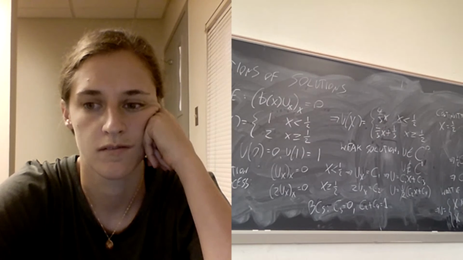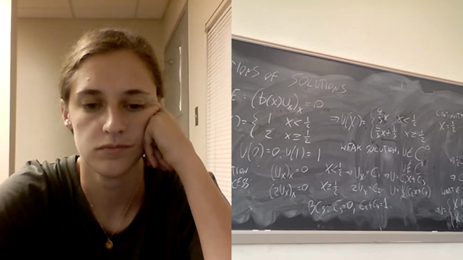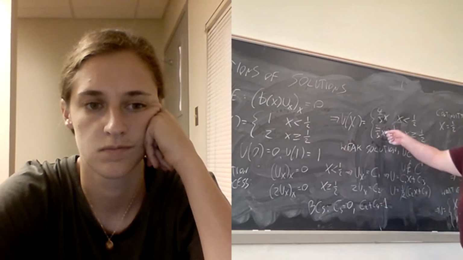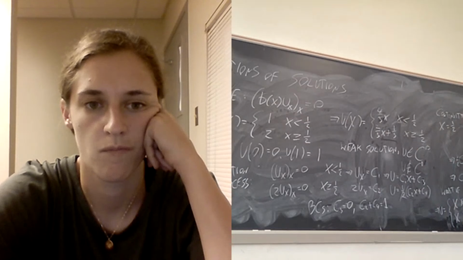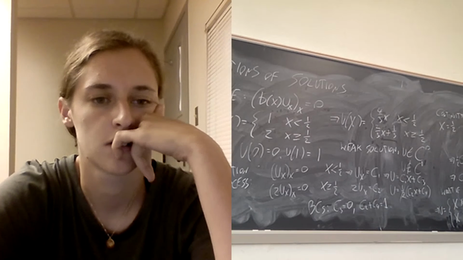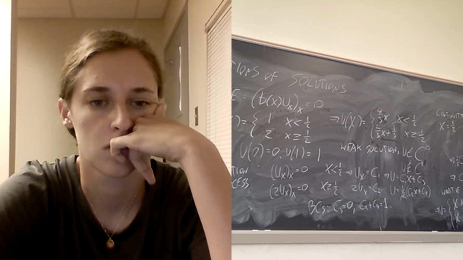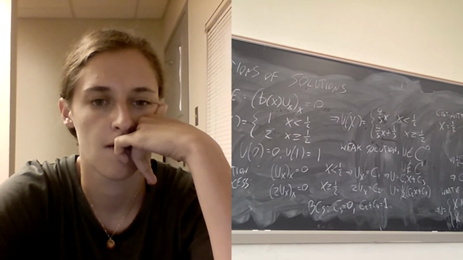Oh, this one would. Yeah, so this one does satisfy the boundary conditions, and so does this one. Does that satisfy the PDE? Well, this satisfies the PDE, except you can't take that derivative of b of x ux. So that derivative does not exist at all points. So that's the one problem.